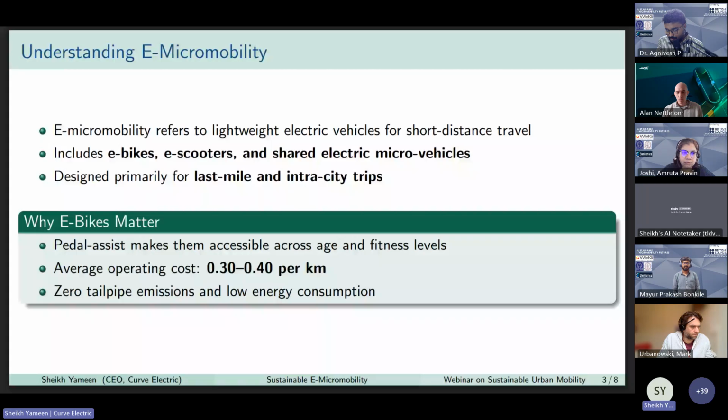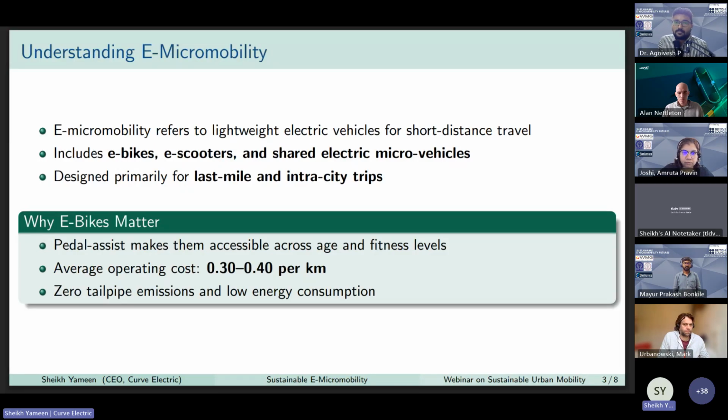Again, we have to understand that the biggest challenge for places like India is the first mile and the last mile connectivity. To a large extent, we have solved the mid-mile problem. We have a good metro transit system. We have a good railway system. We have a good system of buses. We have other systems as well.